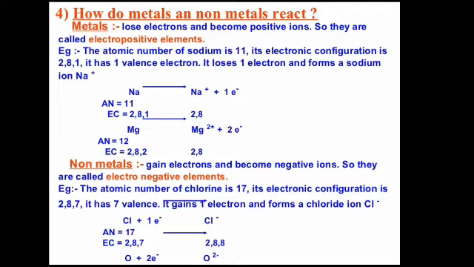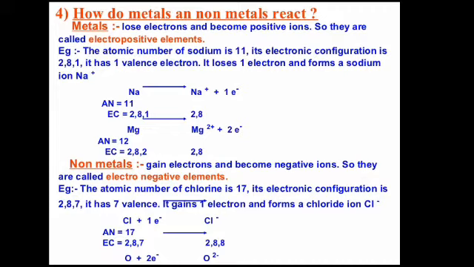For example, chlorine has 17 electrons, so its electronic configuration is 2, 8, 7. That is, in the third shell it has 7 electrons, and it needs 1 electron to gain the nearest noble gas configuration and become stable.